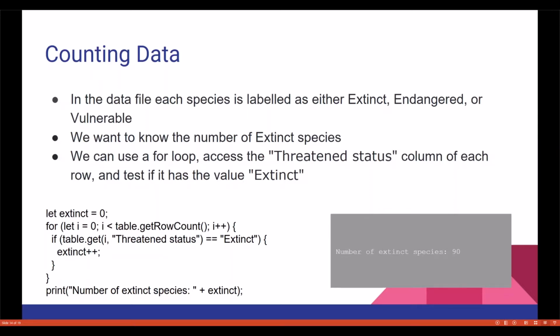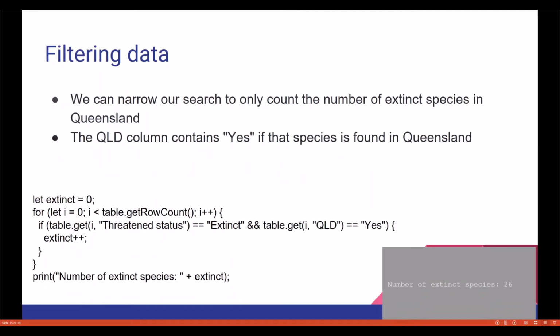So this is an example of counting some statistics about some data. And we can narrow our search to only consider data that is extinct and from Queensland. Some example code down there on how we could filter data using our if statements.